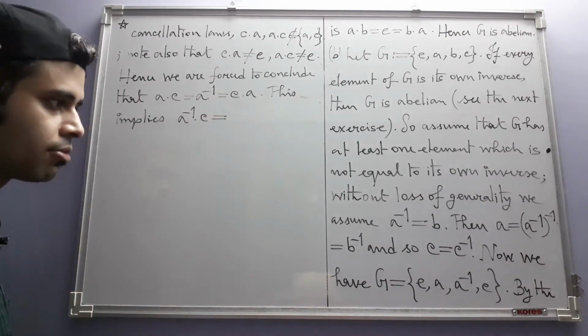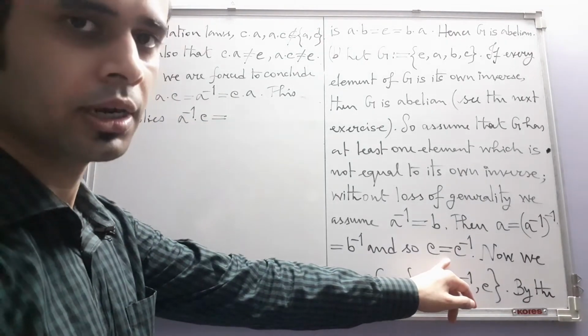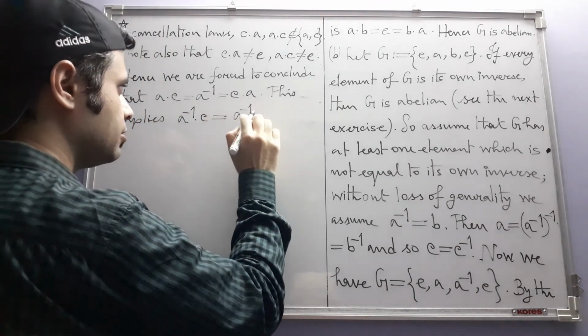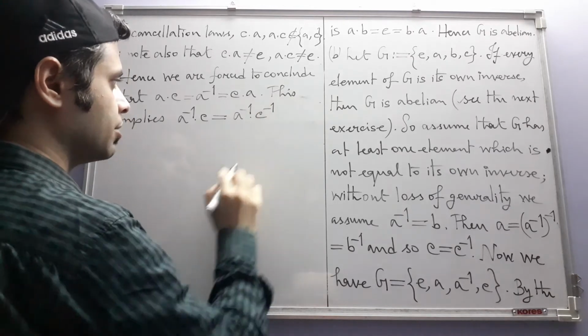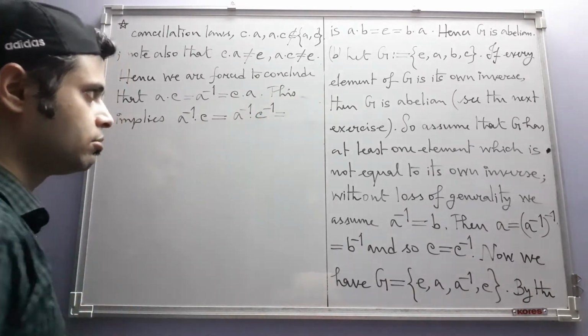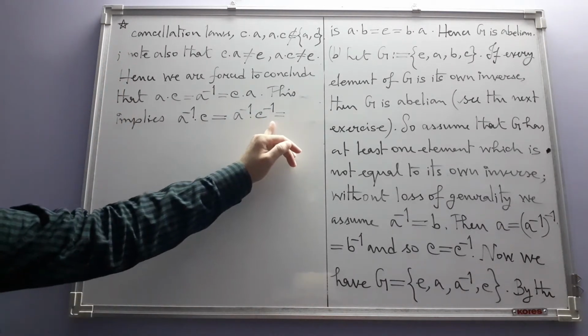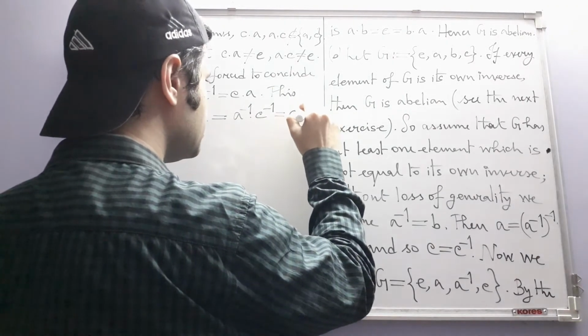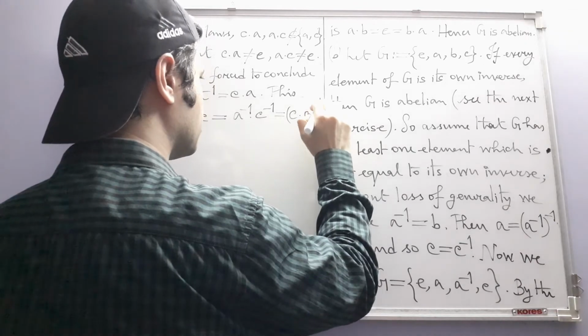Now this is where we will need this relation. In place of C we can write C inverse, and going to an elementary property of elements in a group, this is equal to C dot A whole inverse.